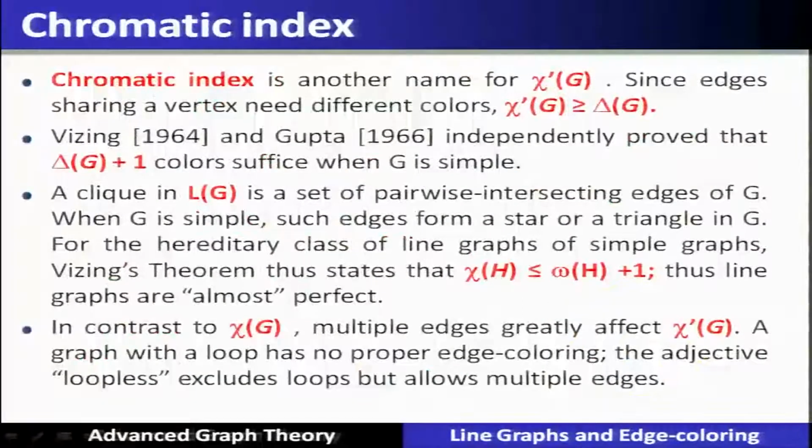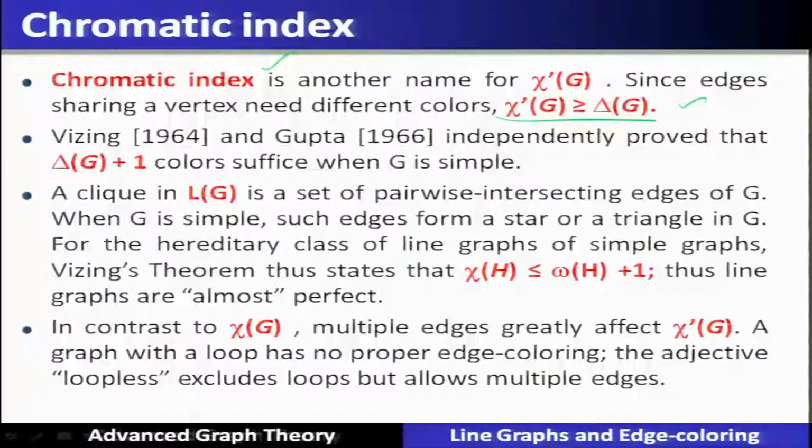Now, we call the edge chromatic number also the chromatic index. So chi prime G is called the chromatic index. Since the edges sharing a vertex need different colors, this bound on the edge chromatic number, chi prime G, is at least the maximum degree of a particular graph.